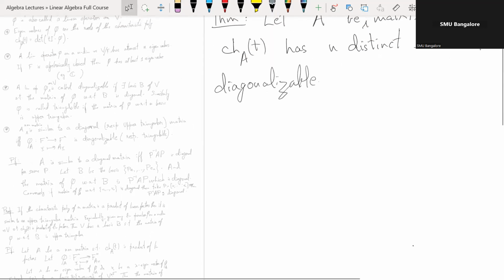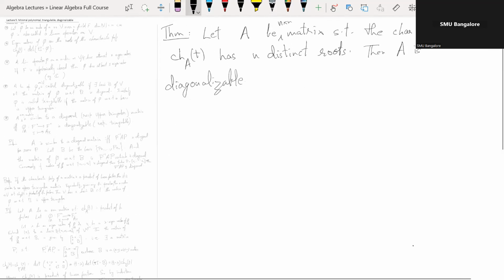So this statement which we proved: an n cross n matrix A is similar to a diagonal, respectively upper triangular matrix, if and only if A is diagonalizable. So this tells us that these two statements are more or less the same.